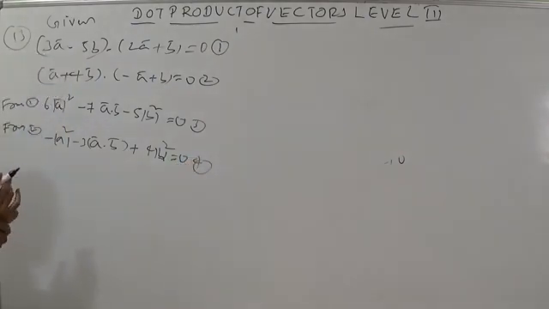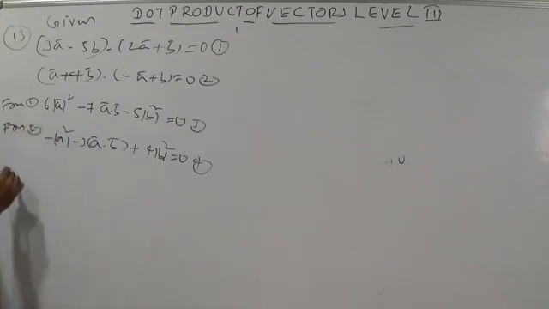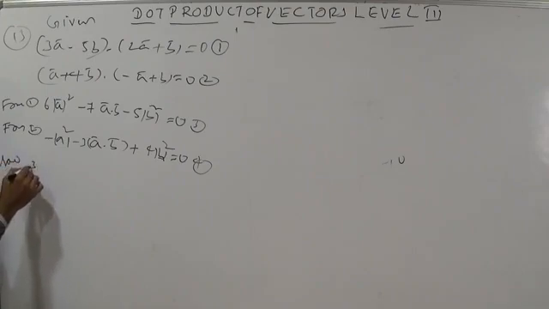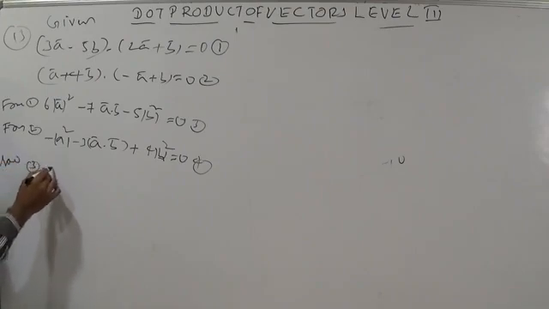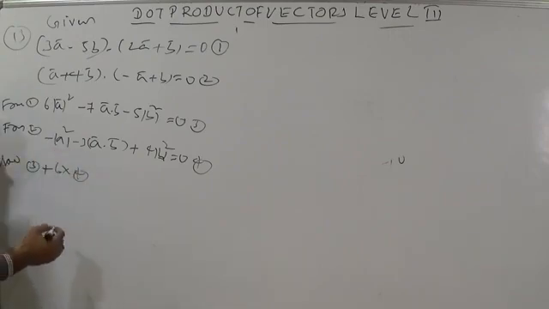Now, solving the two equations, I am writing the third equation plus 6 times the fourth equation, multiplying by 6.